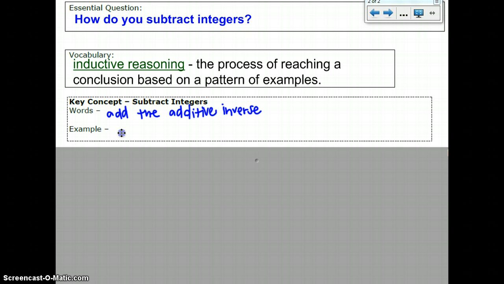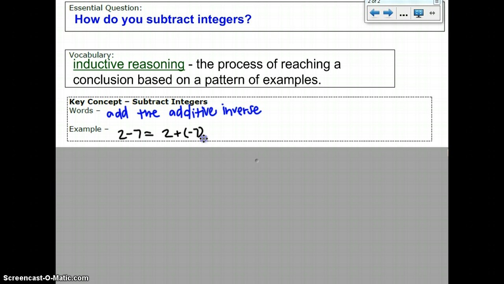For example, the problem 2 minus 7, that's the same as 2 plus a negative 7. We just added the additive inverse of our second number.